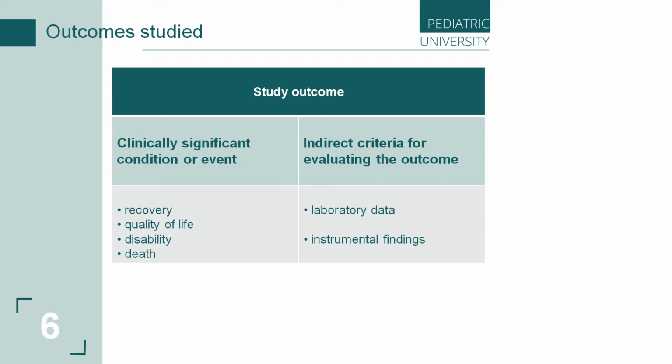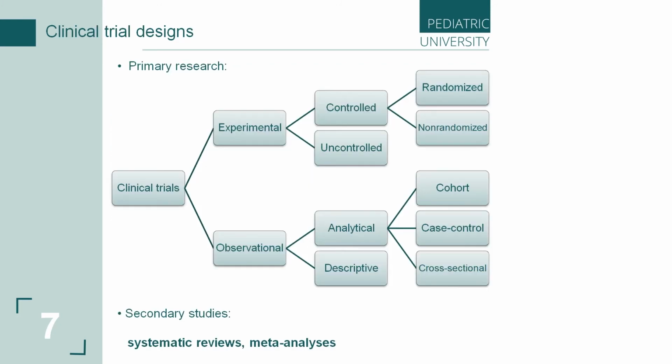And next, what kind of clinical trial designs can we have? After that, we must think about designs. So, there are primary and secondary studies. Of course, it all starts with primary studies.